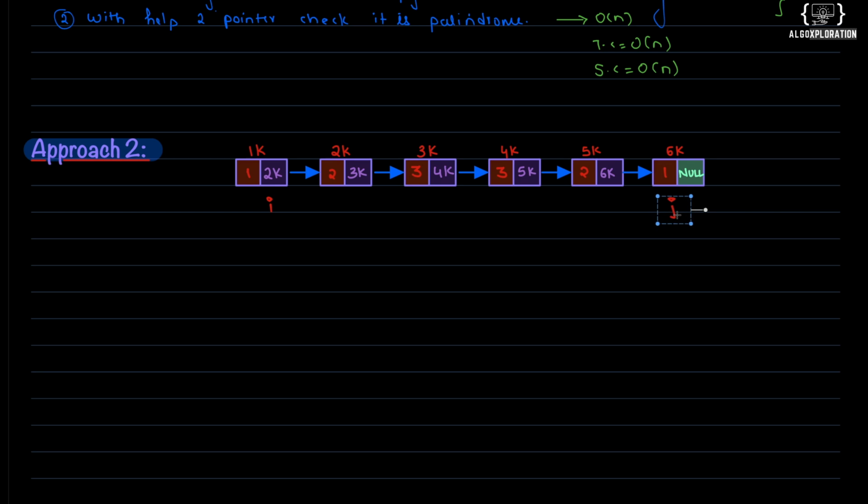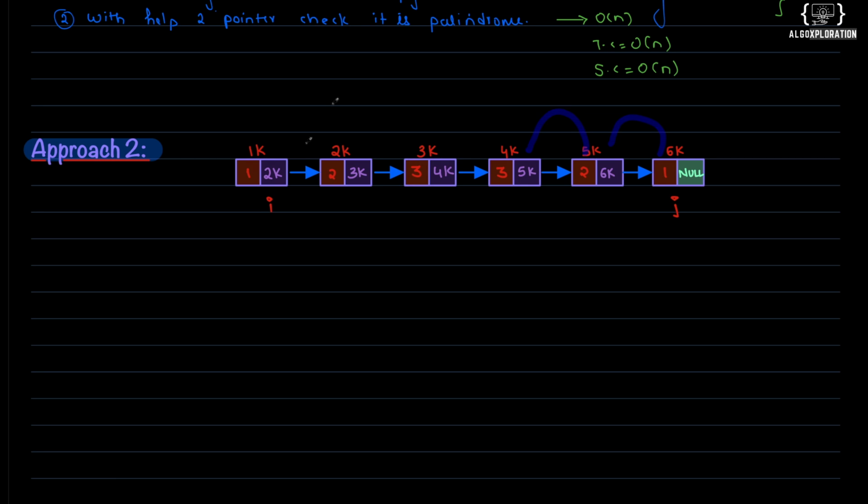So what I need to do, see over here, if I take this part and in some way reverse it, that means over here 2 is pointing to 1, but what if 1 is pointing to 2 and 2 is pointing to 3?